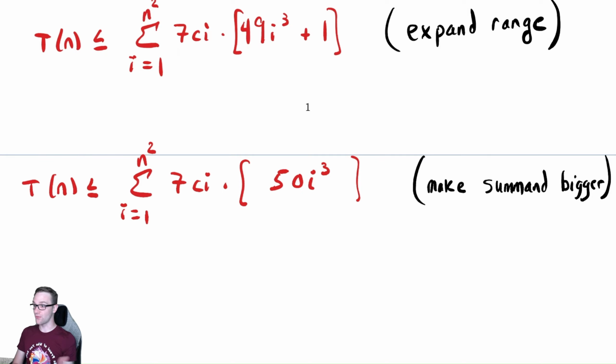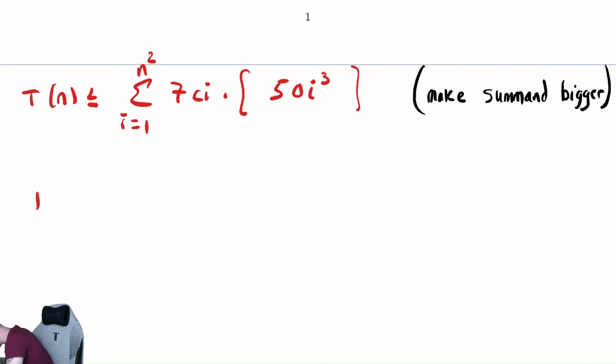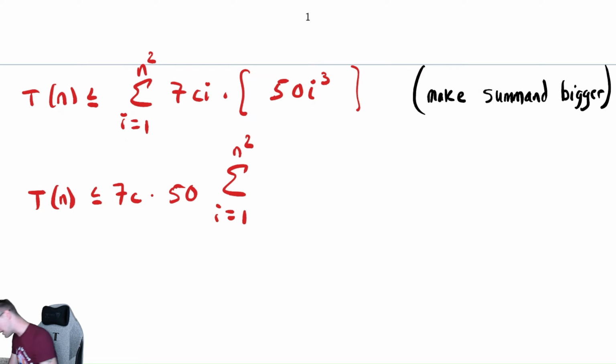And now I'm just going to factor out all the constants. You can always factor constants out of summations. So t of n is less than or equal to 7c times 50, and then the inside of the sum becomes i equals 1 to n squared. We have an i times i cubed left inside. That's it. So we have i to the 4th.